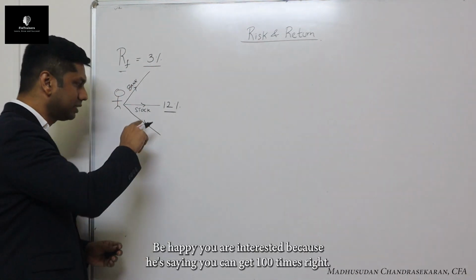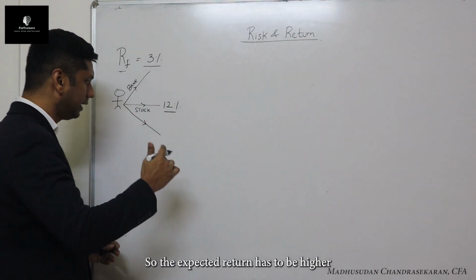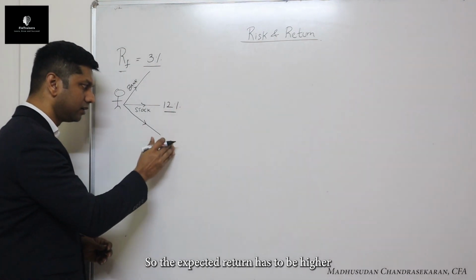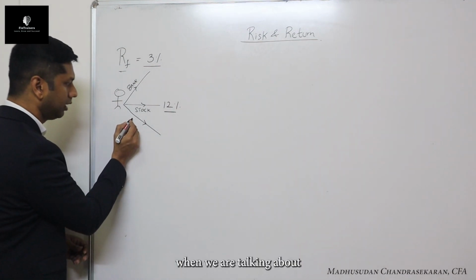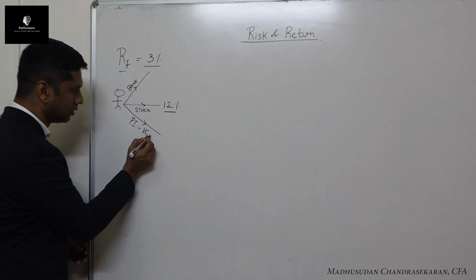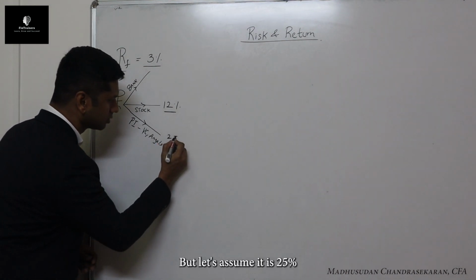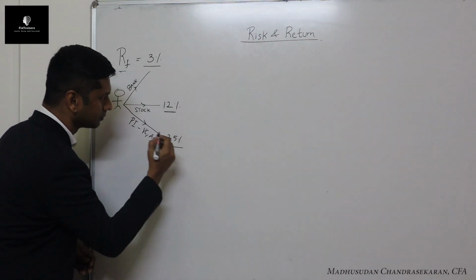You are interested because he's saying you can get 100 times. So the expected return has to be higher when we are talking about private investments like VCs, angels, etc. Let's assume it is 25%.